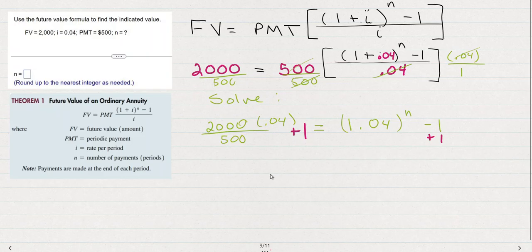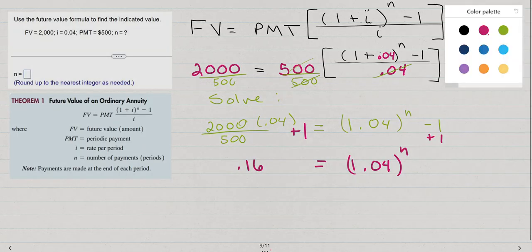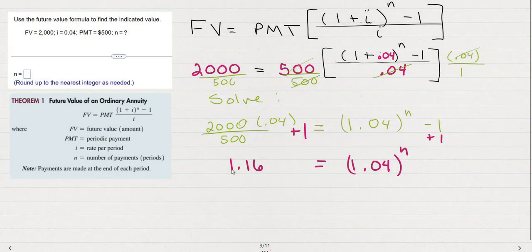So let me throw this into the calculator to get a number we could write down. 2,000 divided by 500, of course, is 4, multiplied by 4/100ths, plus 1 would be 1.16. So we have 1.16 equals 1.04 to the nth power.